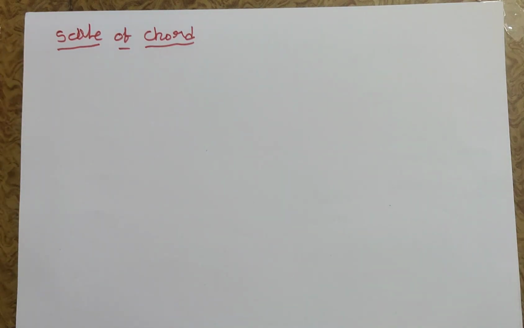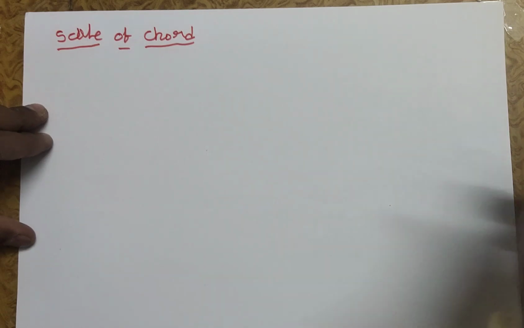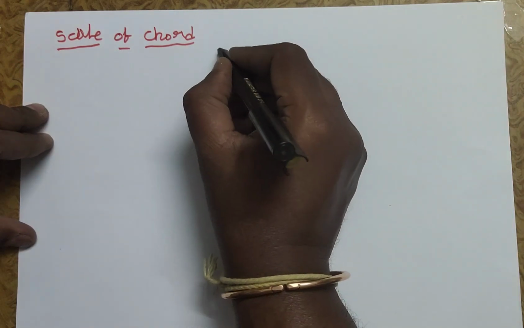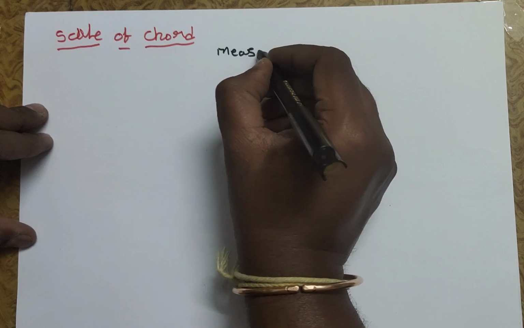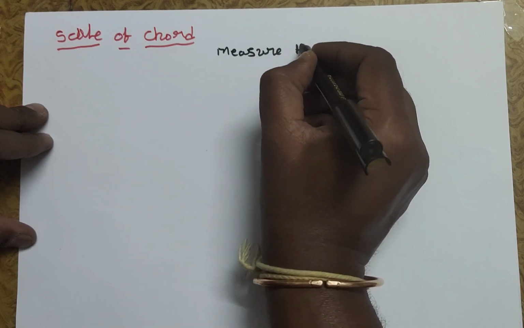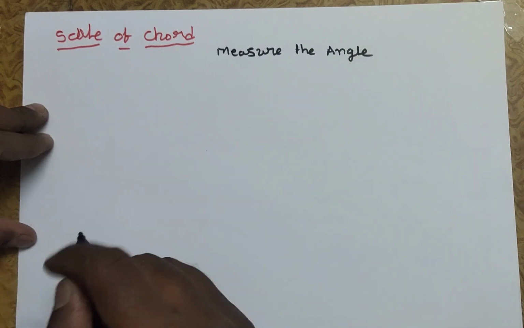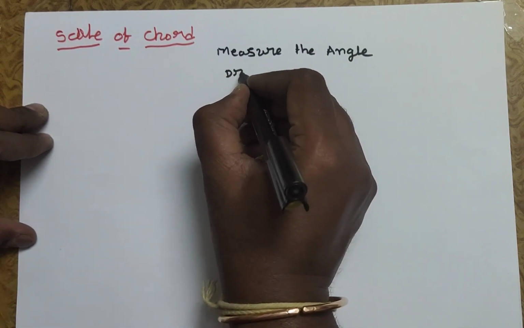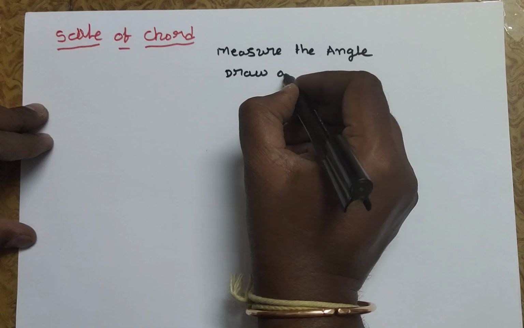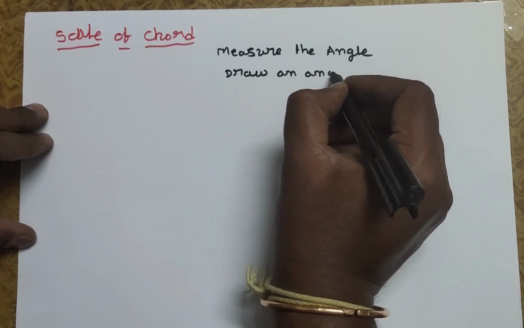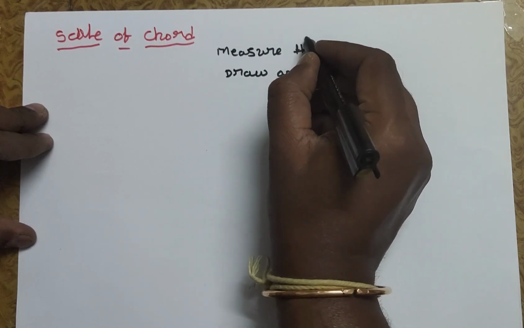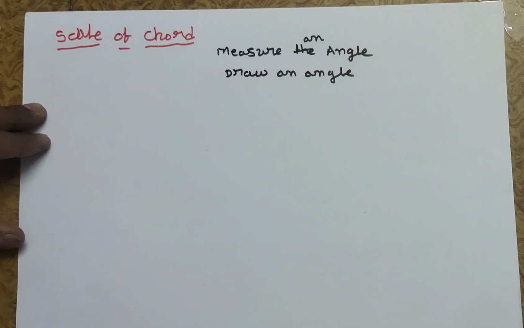We will know it. So scale of chord can be used to measure the angles, as well as to draw an angle. To measure an angle or to draw an angle, we are going to use scale of chord.